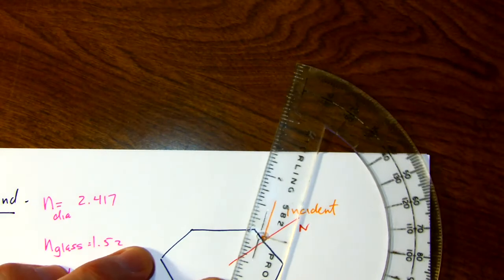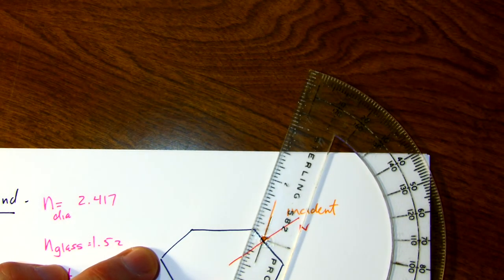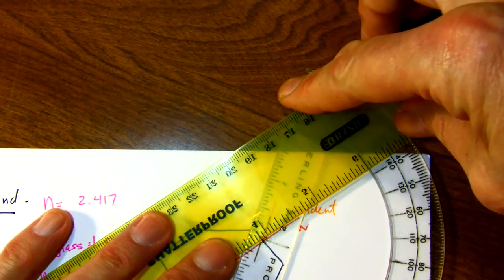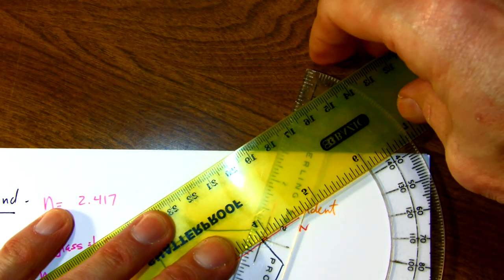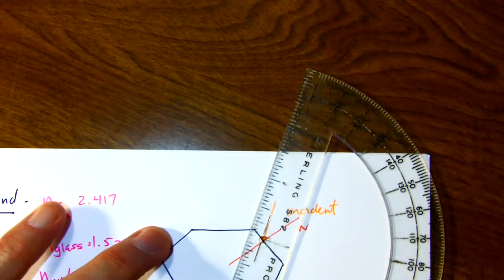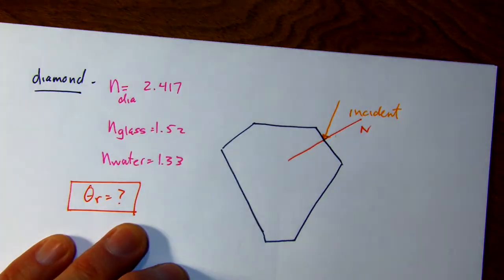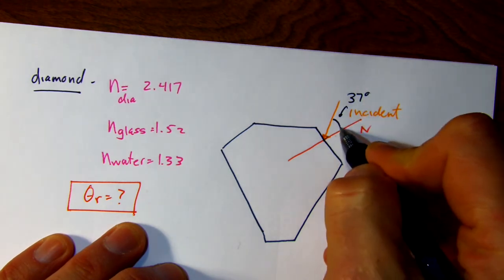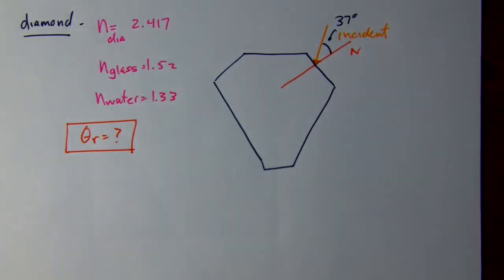If we wanted to, we could find that angle fairly well, and we'll just guesstimate it at 37 degrees. Okay, so that there is 37 degrees. We don't want to be too far off, so we hope that that's 37 degrees incoming.